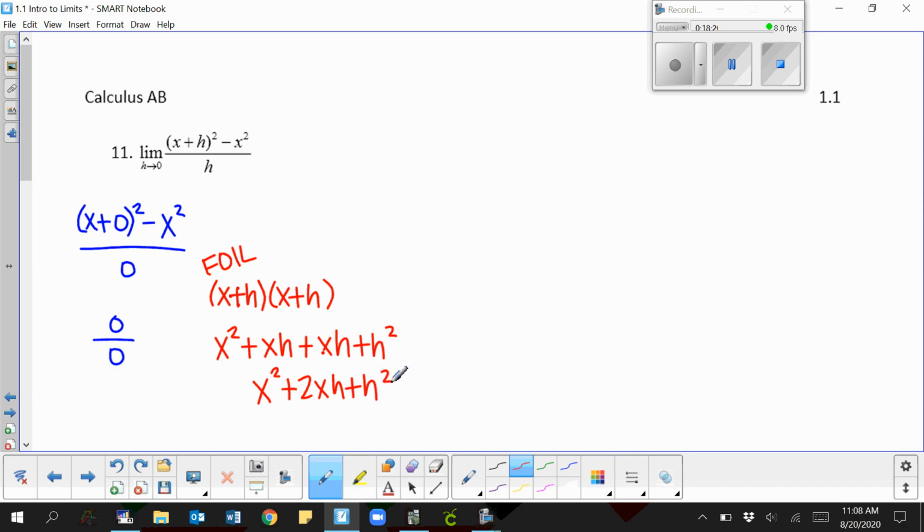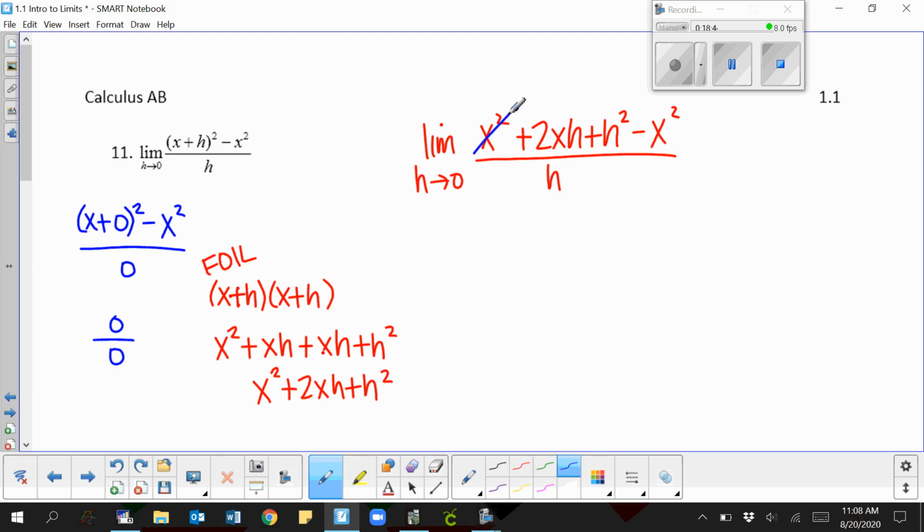So that means that I'm looking at the limit as h approaches 0 of x squared plus 2xh plus h squared minus x squared all over h. So on the top, I have a positive x squared and a negative x squared that are going to cancel out. So now I'm looking at the limit as h approaches 0 of 2xh plus h squared divided by h.